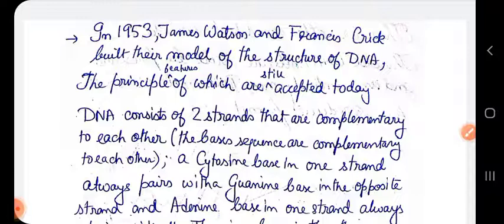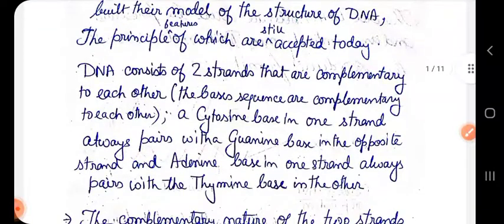The base sequences found within the DNA strands are complementary. Cytosine in one strand pairs with guanine in the opposite strand by 3 hydrogen bonds, and adenine in one strand always base pairs with thymine in the other strand by 2 hydrogen bonds.